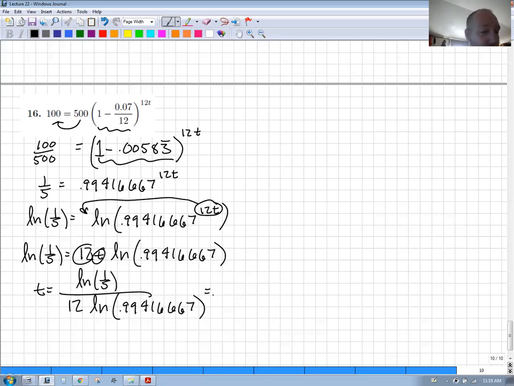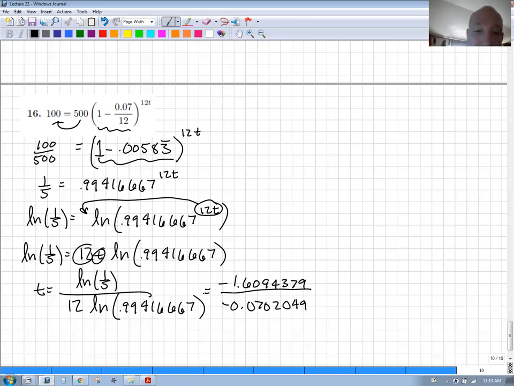So in our calculators, let's see, I'll do the top. 1 divided by 5, it's 0.2. Now natural log that, I got negative 1.6094379. Now down here I have 0.99416667. Take the natural log, multiply that by 12. I got a negative 0.070249.